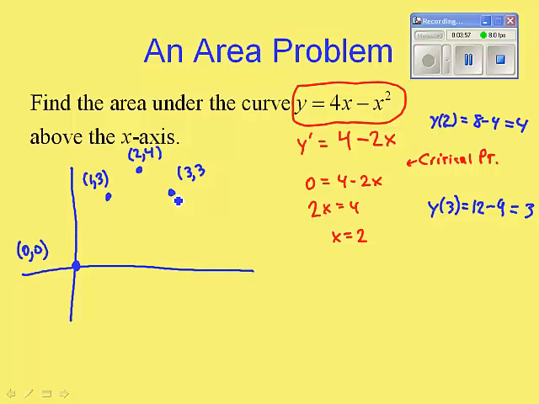When you have a parabola, you get real nice symmetry. And actually, what else do we have? How about this point here? 4, 0, right? I could have known that if I had factored the thing. It would have been x times 4 minus x. And you could see you have zeros both at 0 and at 4, right?